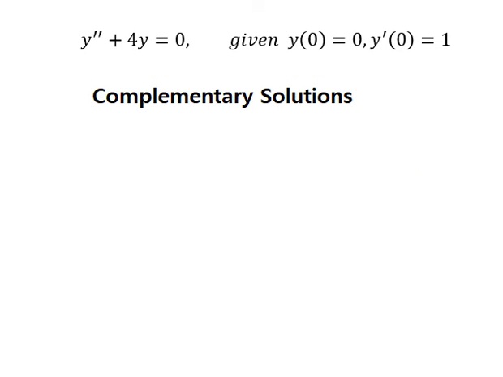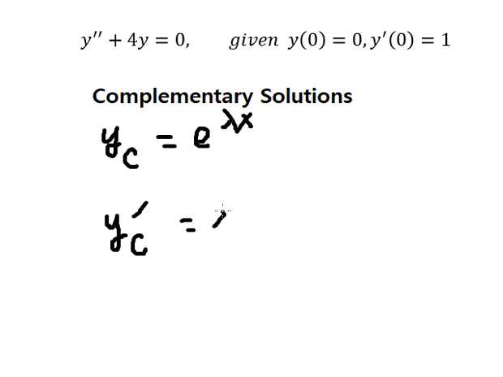So I will put yc equals e to the power of lambda s. Later we need to do the first derivative of yc, and we have lambda e to the power of lambda s.